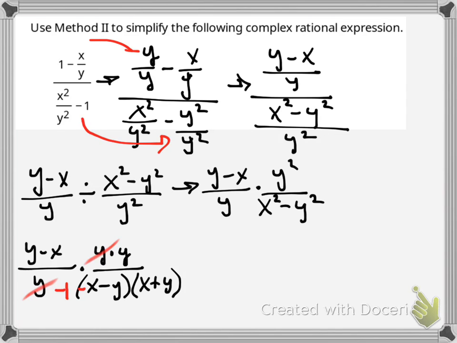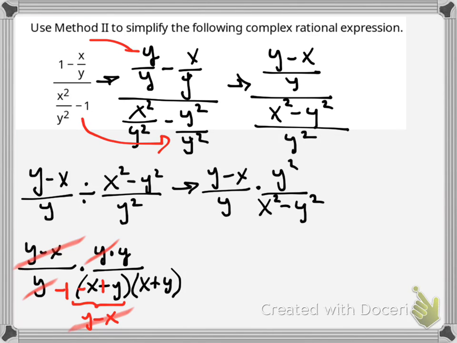If I factor out a negative 1, then my x becomes negative x, my minus y becomes plus y, and now what I do have is y minus x. By factoring out that negative 1, I now have two identical factors, and I can simplify those.